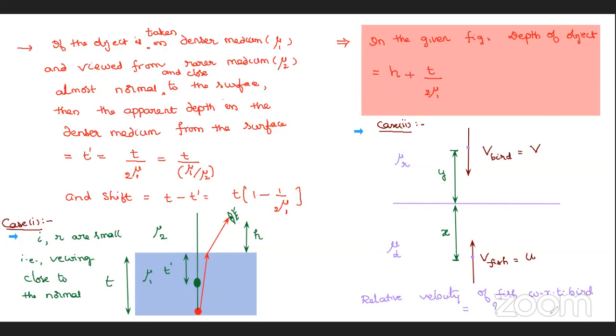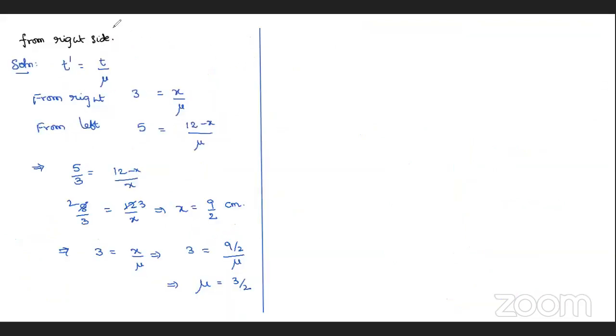For example, if I take not one medium but 2 different media or 3 different media, like this: this is one glass slab, and one more glass slab is placed above it, of different thicknesses, and one object is placed at the bottom, somewhere here.